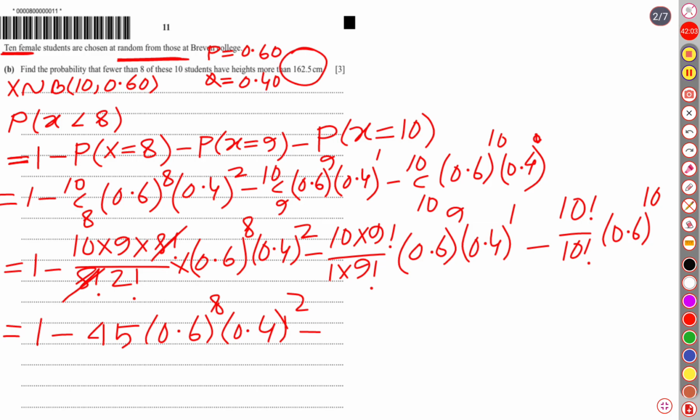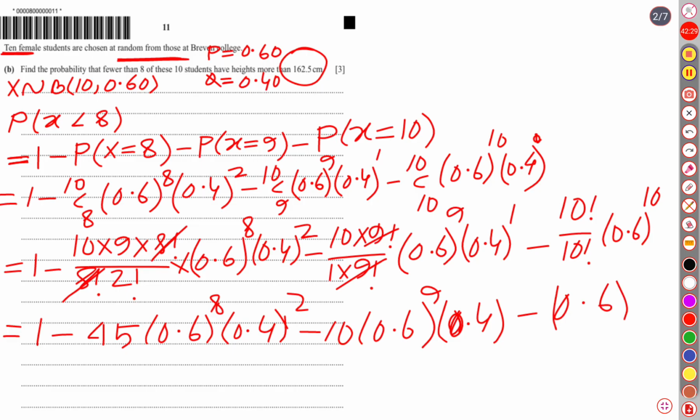After that, the 9 factorials cancel each other, so it's 10 into 0.6 raised to 9, and 0.4 once. Minus 10 factorial over 10 factorial is 1, so it's simply 0.6 raised to 10. Now let us use our calculator to find this probability.